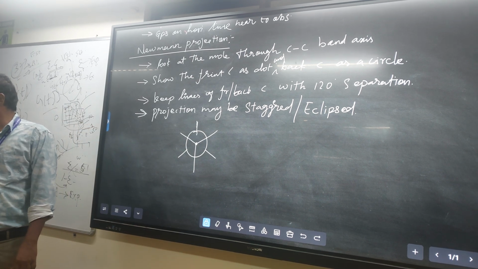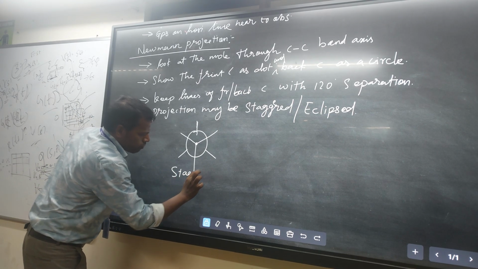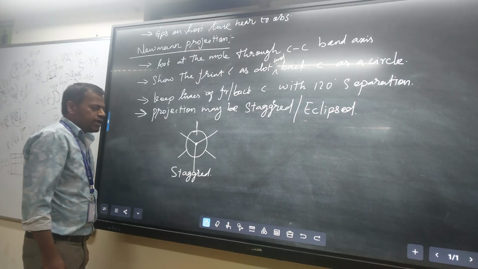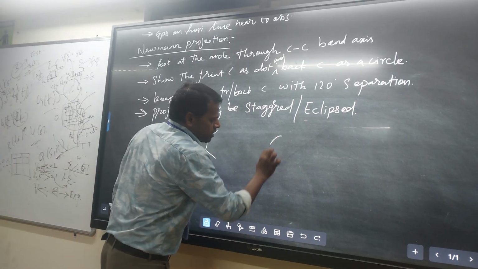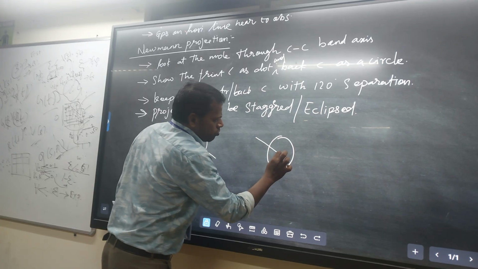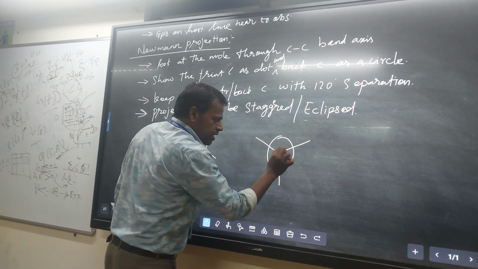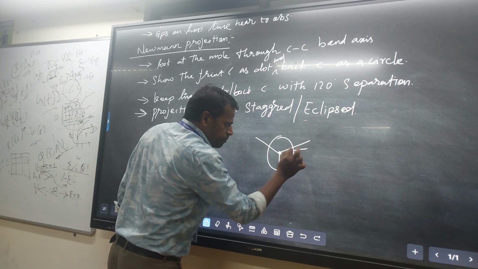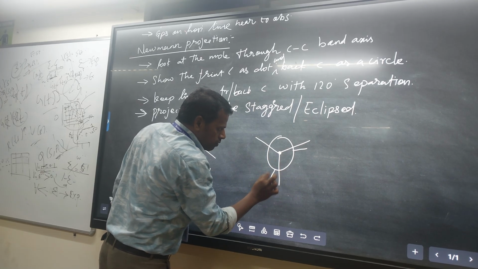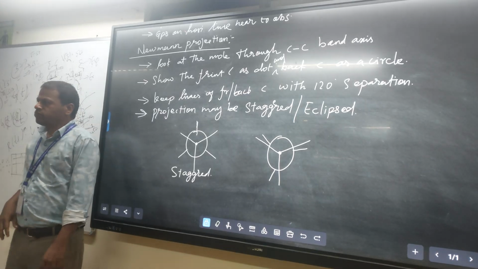Similarly, this is the back carbon, this is the front carbon. So you draw the lines with 120 degree separation. Similarly, here the back carbon, this is an eclipsed conformation.